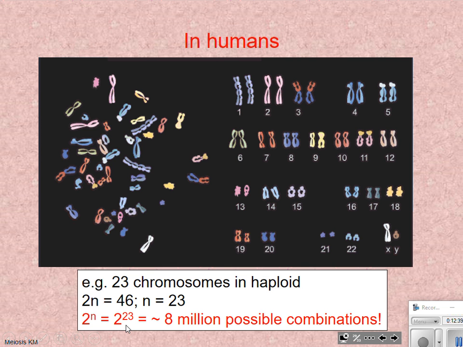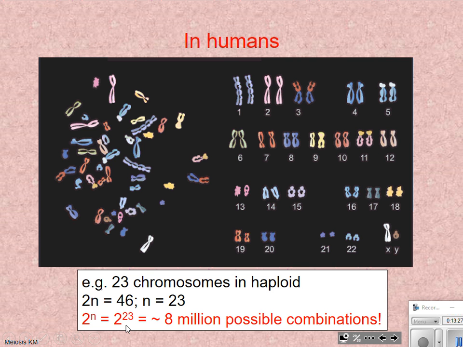Let me grab my calculator out to give you an exact number. 2 to the 23rd, that value is 8,388,608. 8,388,608 different possibilities that they could all line up. That's a lot of different possibilities, right?